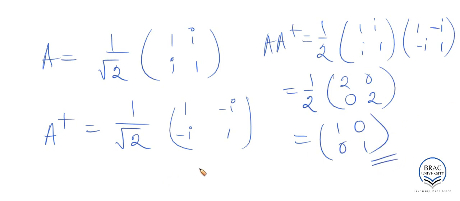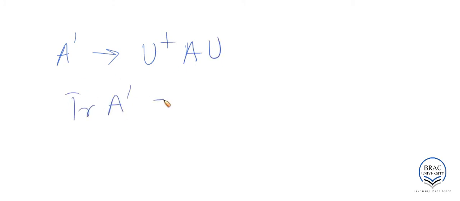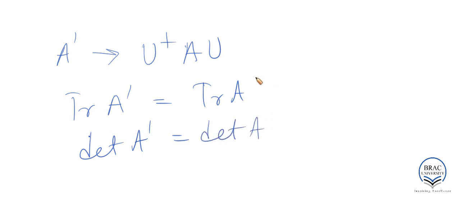And unitary operators have more nice properties. That is, if you transform a matrix in such a way, let's say A prime is written as U dagger A U, then you can show that the trace of A prime will just be the trace of A. Also, the determinant of A prime will also be just the determinant of A. And these are basis independent quantities that you can calculate from a matrix.